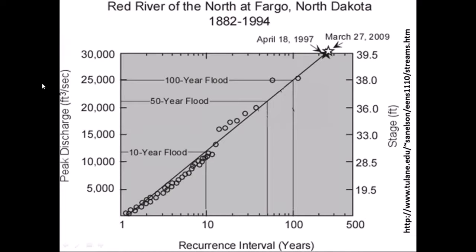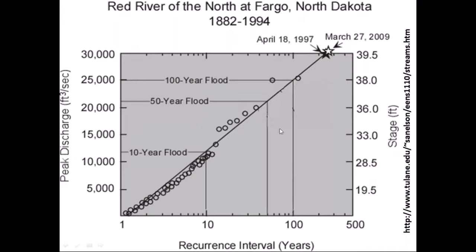To drive that point home just a little bit, look at this example from North Dakota. The x-axis is the recurrence interval in years, right? So this is time, and the y-axis is the discharge, so it's cubic feet per second. There's a correspondence between the higher the discharge and the frequency.